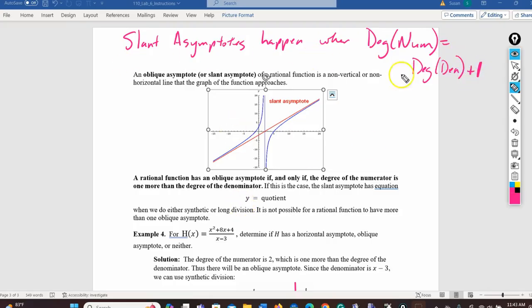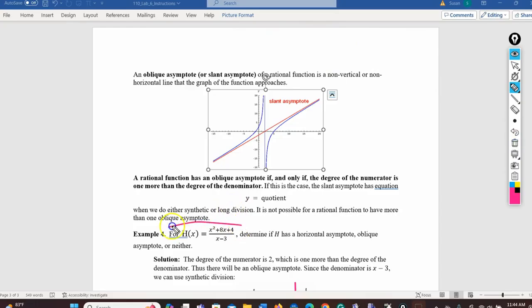You will always have a slant asymptote. So notice you cannot have a slant asymptote and a horizontal asymptote at the same time, because the rules for a horizontal asymptote say if the degree of the numerator is bigger than the degree of the denominator, there's no horizontal asymptote. Okay, so let's look at this example here.